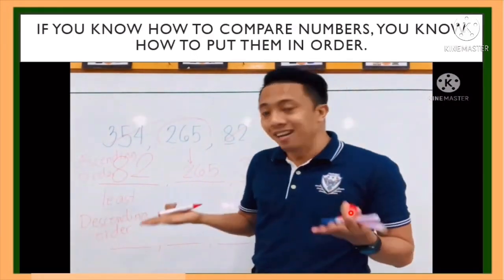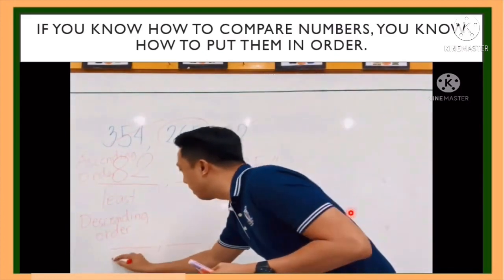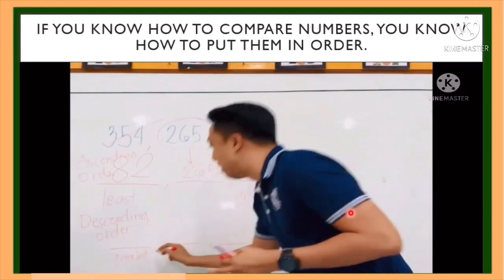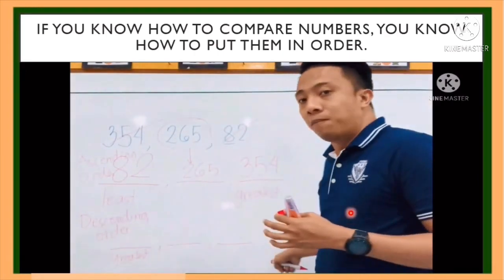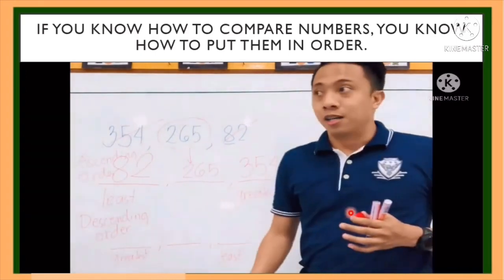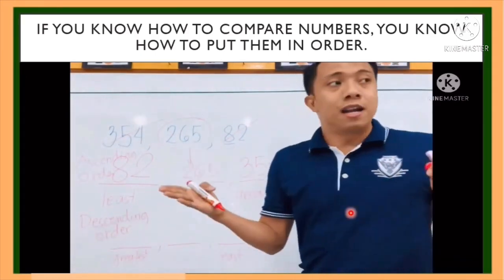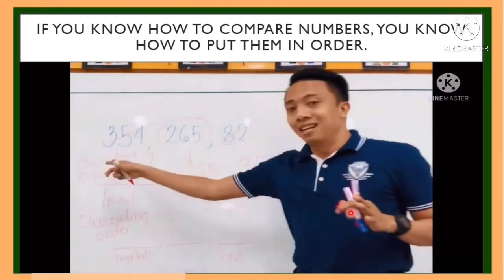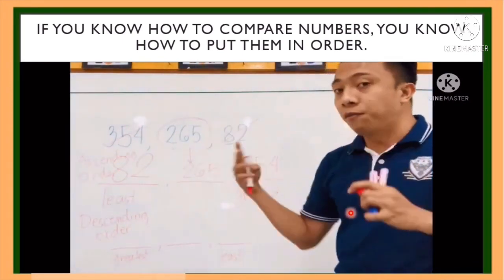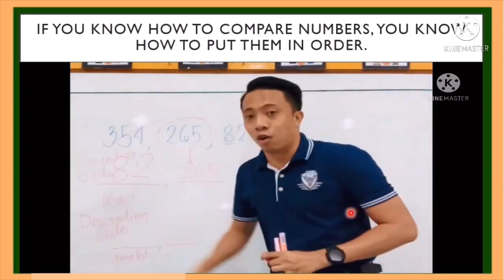Remember, if we have descending, we will start, okay, on the greatest number and then end up to the least number. So, if you already know the ascending order of these 3 numbers, it's now easy for you to find its descending order.